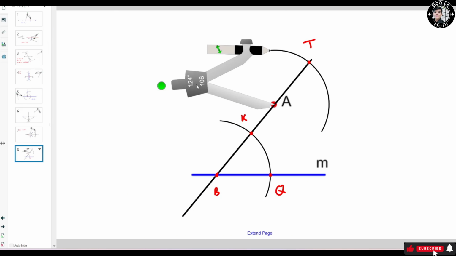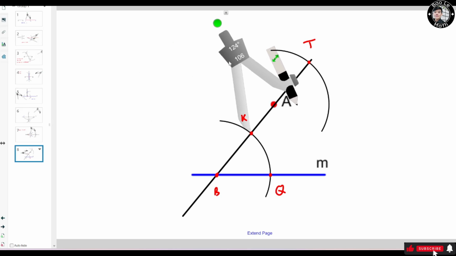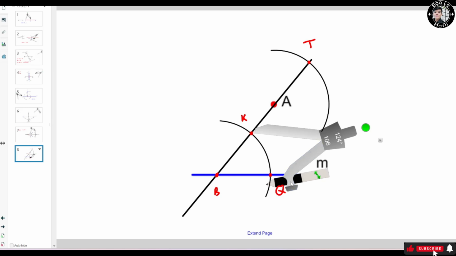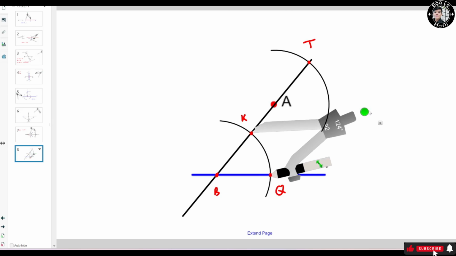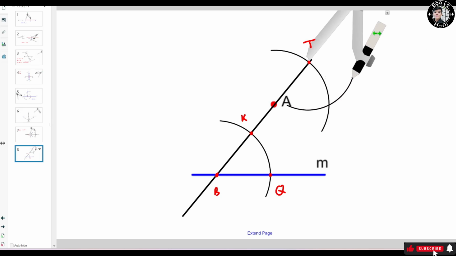Now I'm going to move the compass needle back to point K. Then rotate this compass clockwise direction. Then I'm going to adjust the compass setting so that the compass pencil is on point Q. Now I'm going to move the compass needle to point T. Then I'm going to draw a new arc right here.